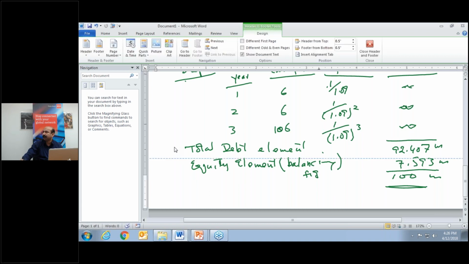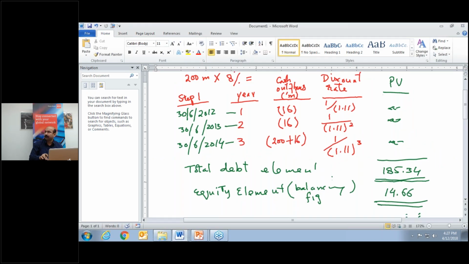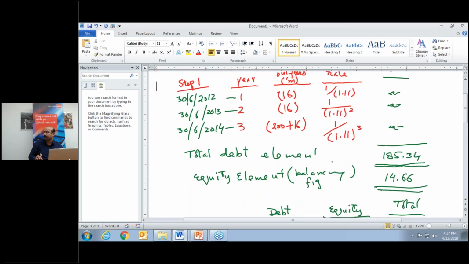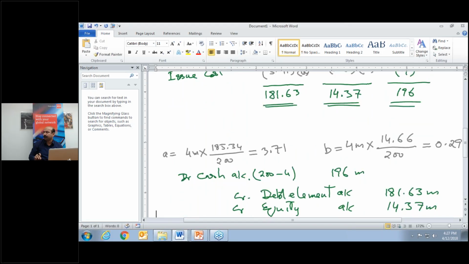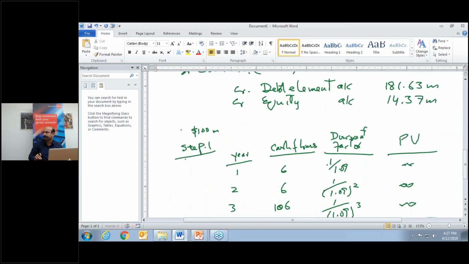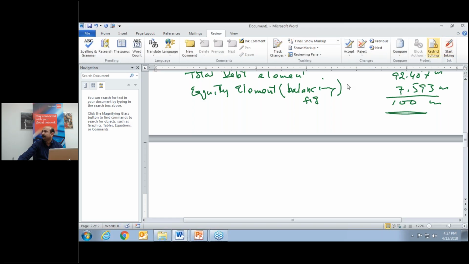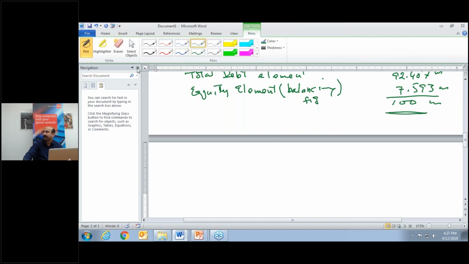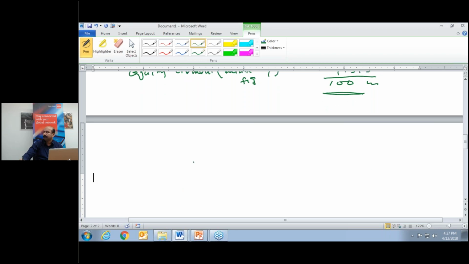Next, we shall be incorporating here the issue cost. Again, we have the debt element and the equity element.